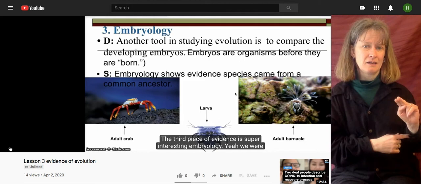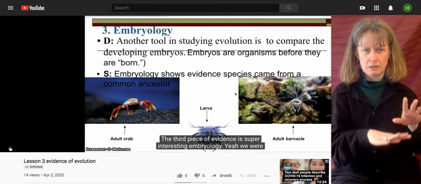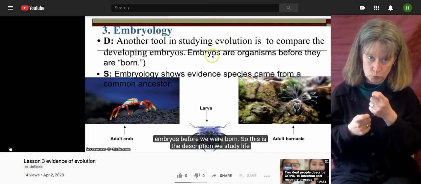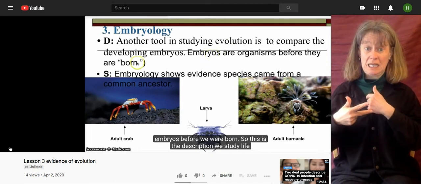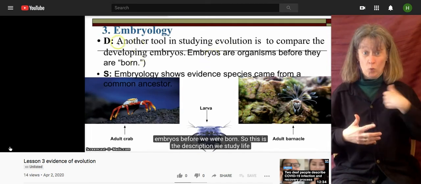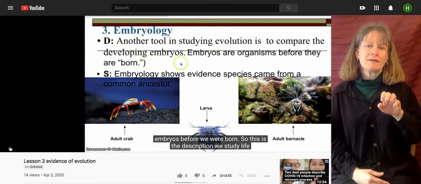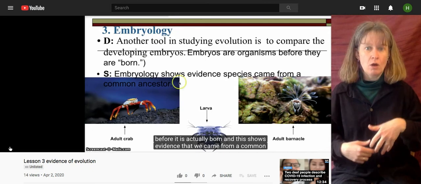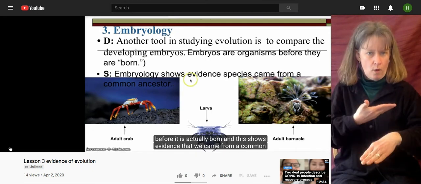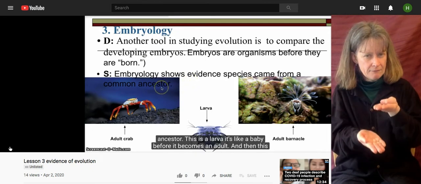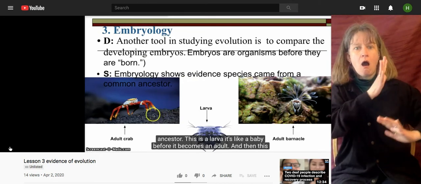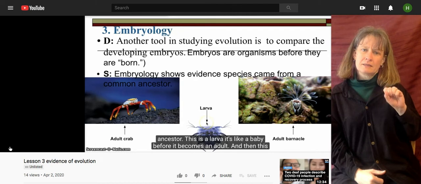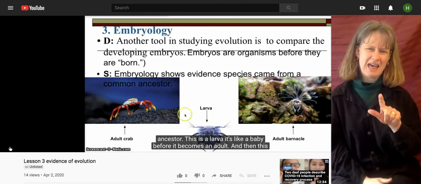The third piece of evidence is super interesting: embryology. We were embryos before we were born. So this is the description. We study life before it is actually born, and it shows evidence that we came from a common ancestor. A larva is like a baby before it becomes an adult.